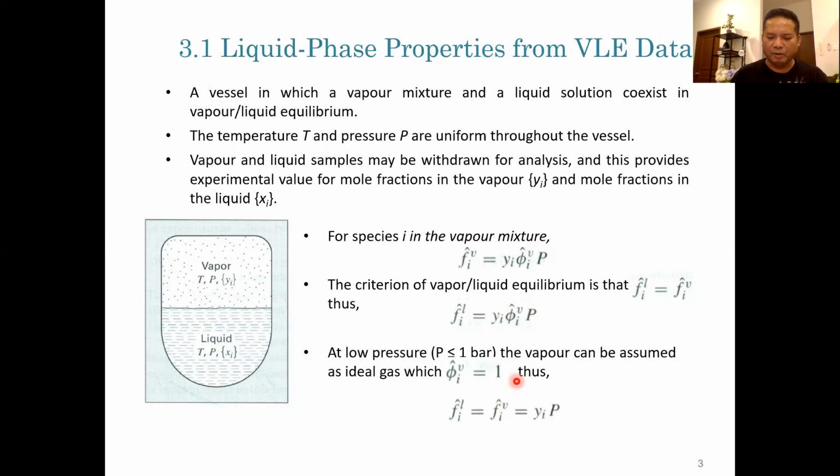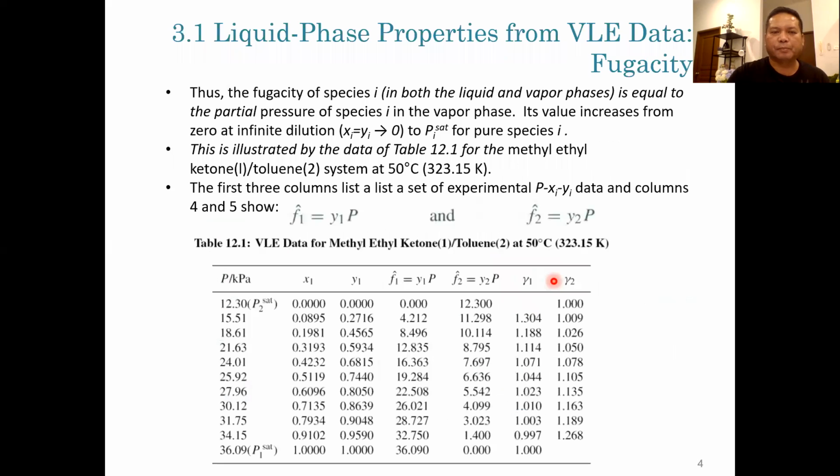Remember what phi is? I'm sorry, guys, the fugacity coefficient. Because this is vapor, it's not liquid. So phi is equal to 1 when it's an ideal gas, which means the fugacity and the pressure are the same. I do apologize, phi is actually the fugacity coefficient.